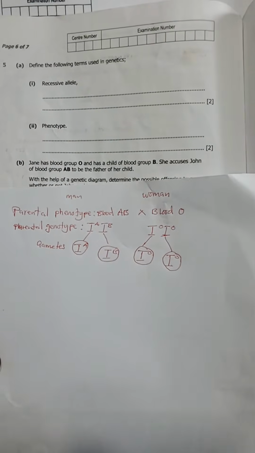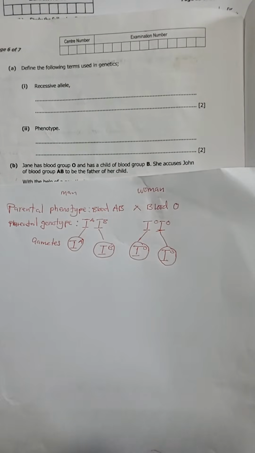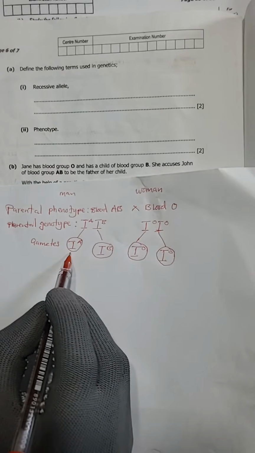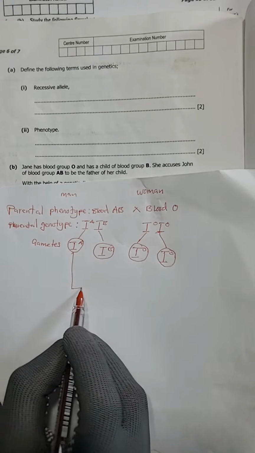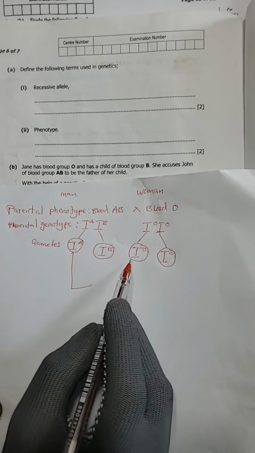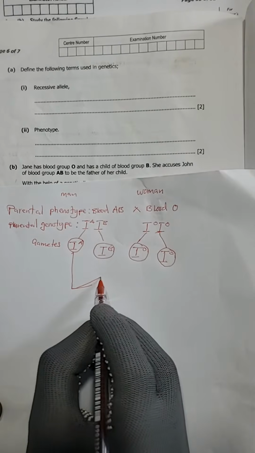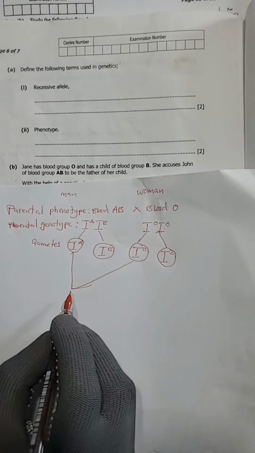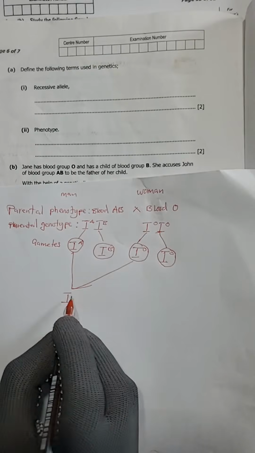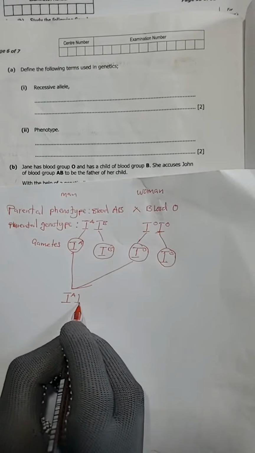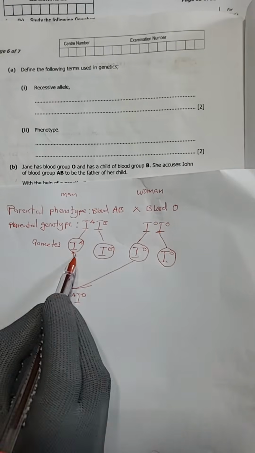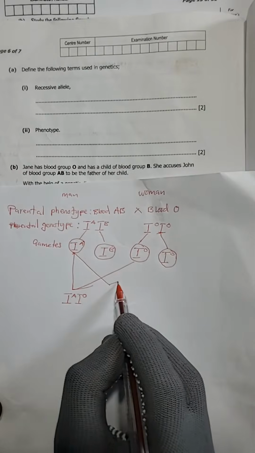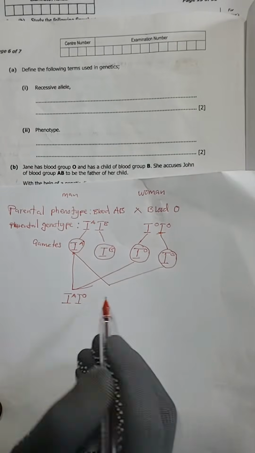Now let's do the crossing, the random fertilization. We start with this one with this one. We start with the dominant one, and A is dominant over O. So this one will be A O. The last one here is also A O, starting with the dominant.